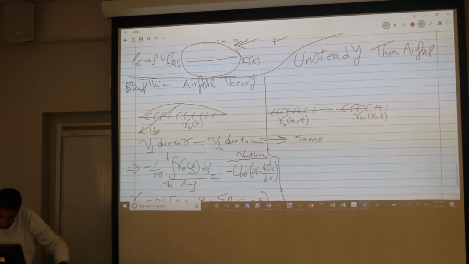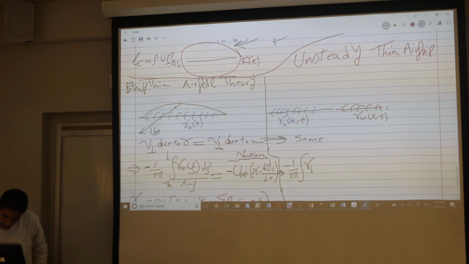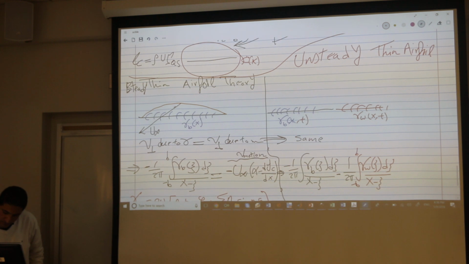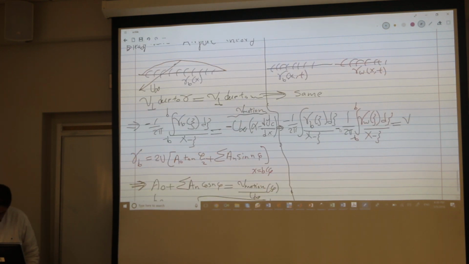So this equation will look like this: negative 1 over 2 pi, gamma bound, Z and T, over x minus zeta, negative 1 over 2 pi, this is the problem here, because I'm introducing a new unknown, right? Gamma weight of zeta d zeta over x minus zeta equal to the same right hand side. So I'll call it V motion of x and t. Okay?